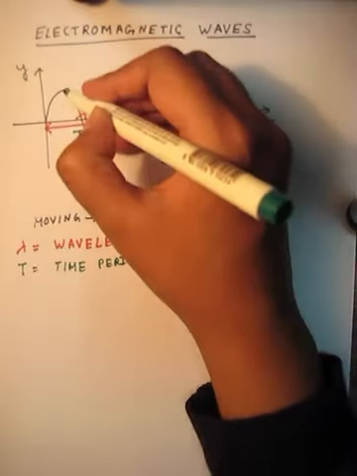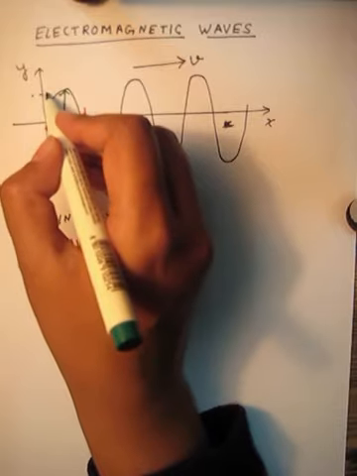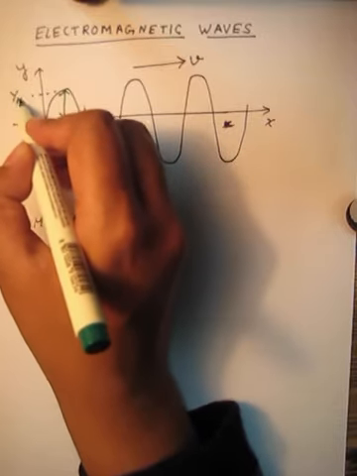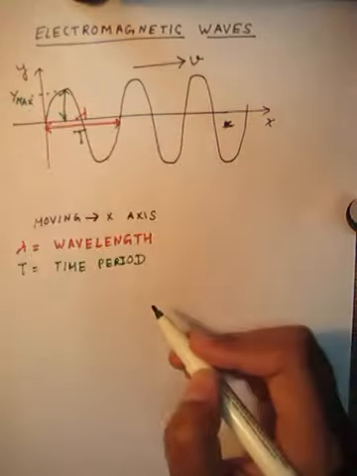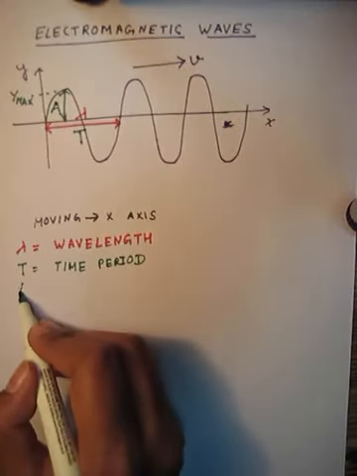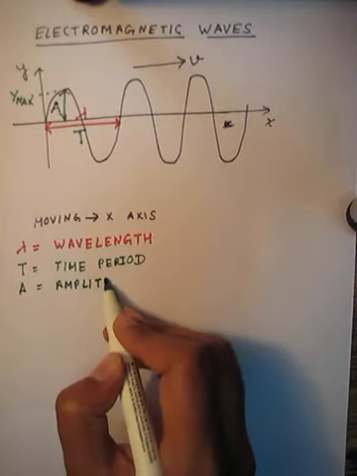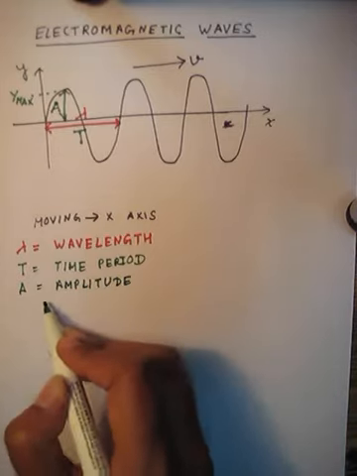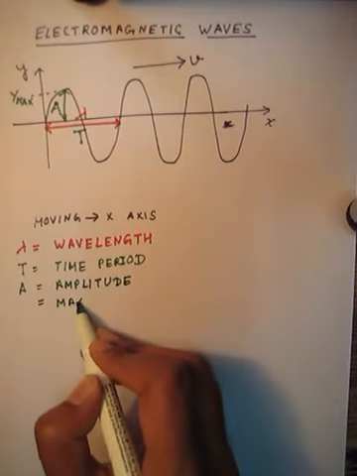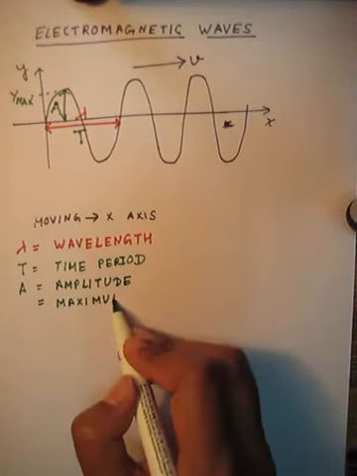And the maximum displacement, it is called amplitude. So A is the amplitude, or maximum displacement, of whatever function we are talking about.